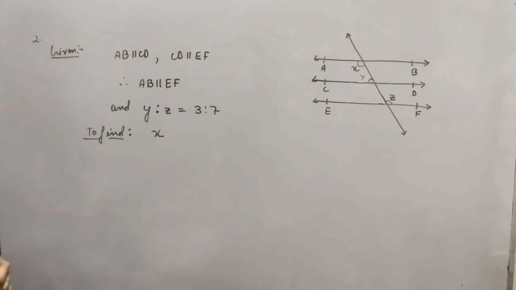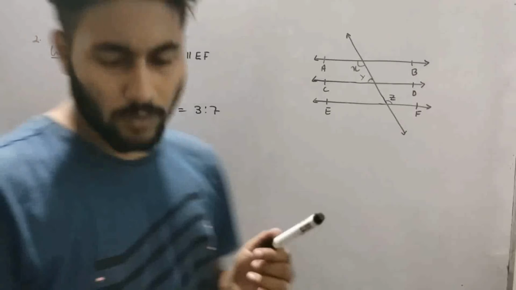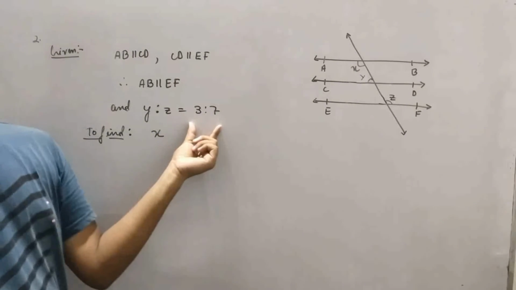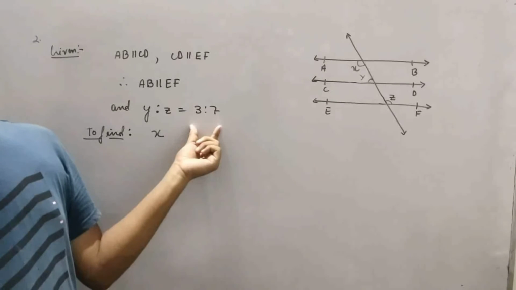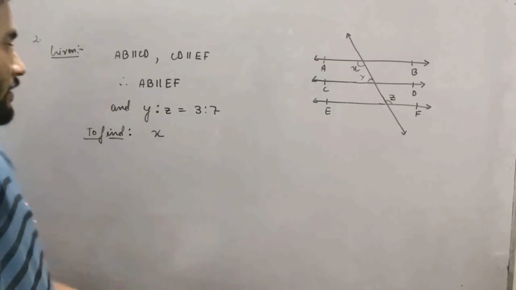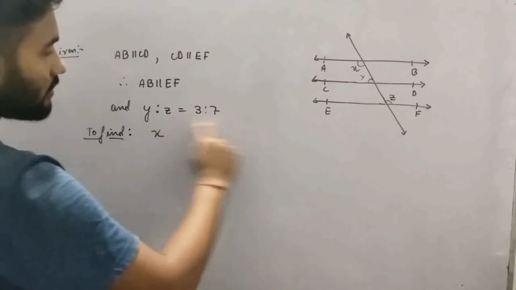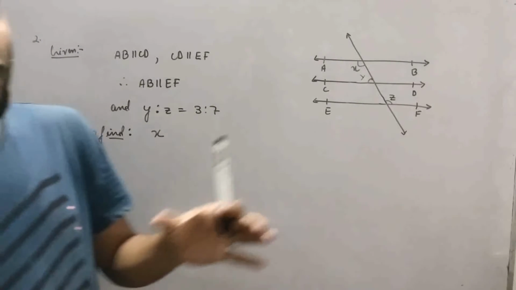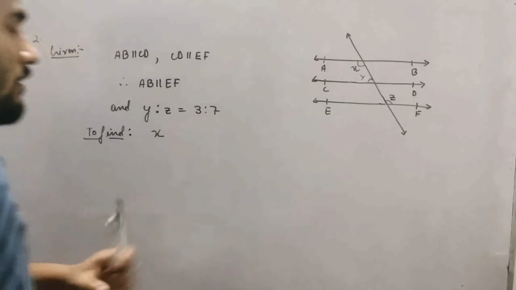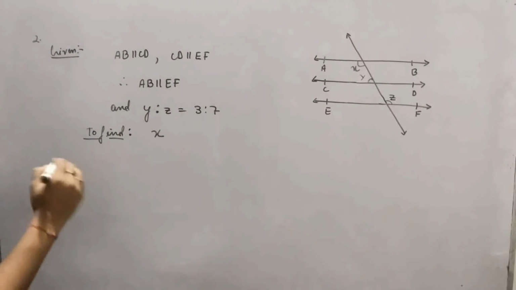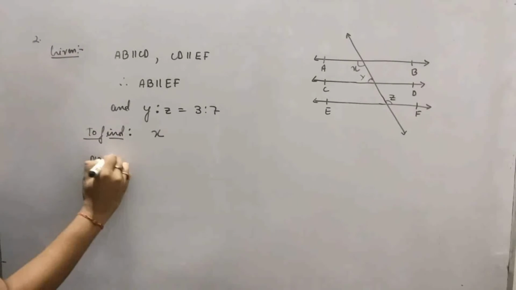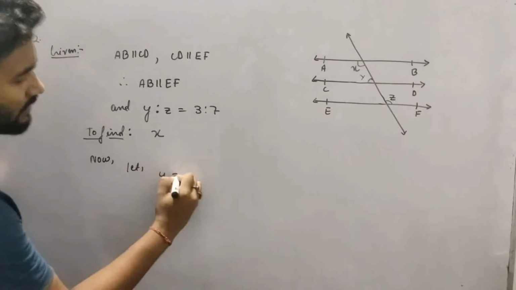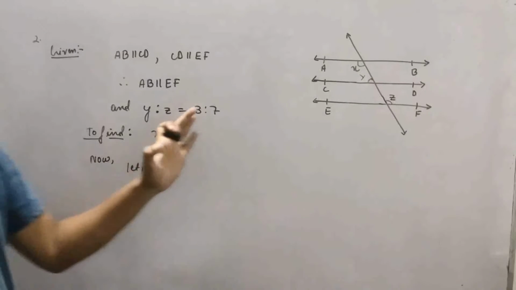How will we find it? See, in exercise 6.1 I said one thing. Whenever you get this ratio type of question, you take a variable with that. As soon as you see this ratio, you take the help of that variable. So now I will say let y be equal to, now I will not write 3x.